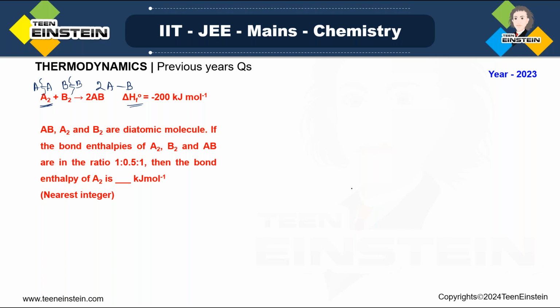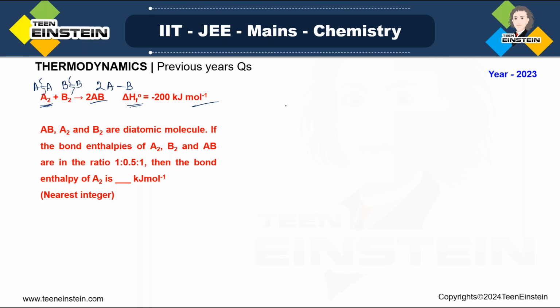Now when we talk about formation of any molecule, it is always per mole. So minus 200 kilojoule is the value of enthalpy of formation for 1 mole, because it isn't given per mole. So this value is for only 1 mole, but in the equation it is 2 moles of AB. So we have to take care of this fact.